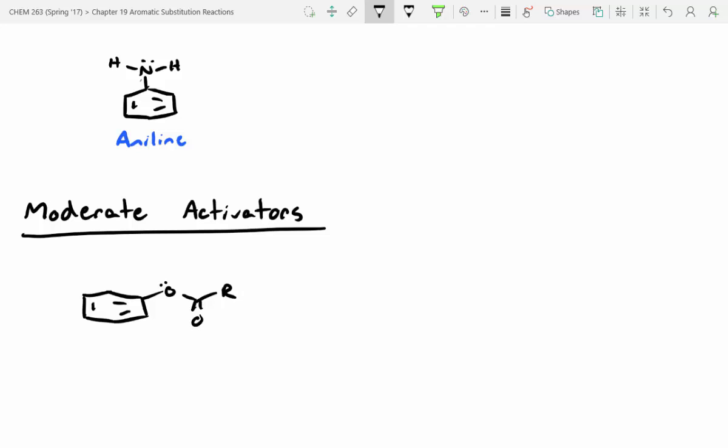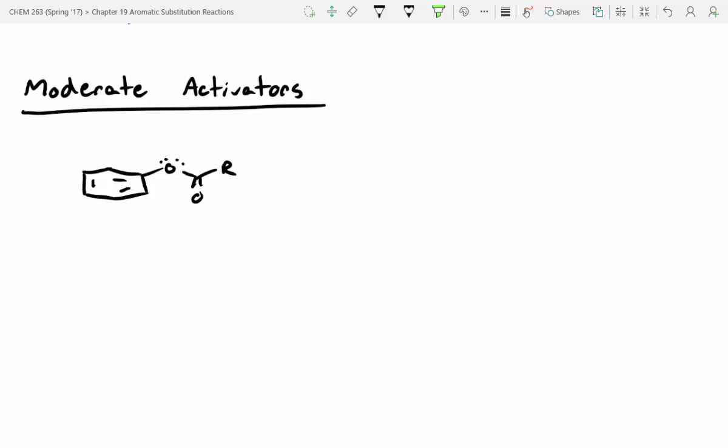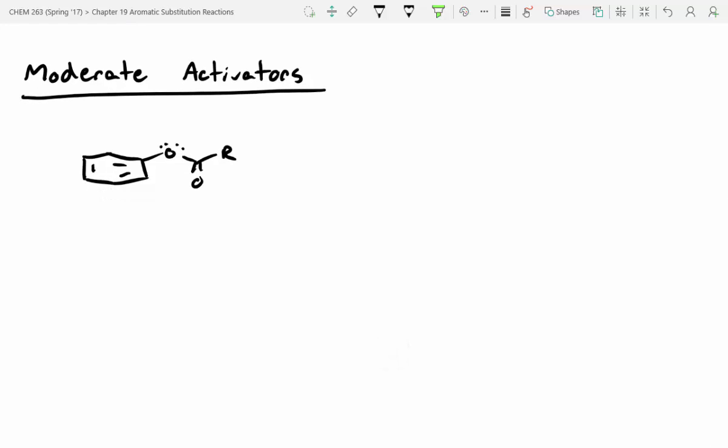This oxygen that's directly attached to the aromatic ring could donate its electron density into the ring, but why is this a moderate activator? You could also withdraw with the double bonded carbon oxygen. Yeah, exactly. If we look at this lone pair, it also has the option of pulling electron density towards the other oxygen. So this isn't as good of an activator as the ones that I just showed you.